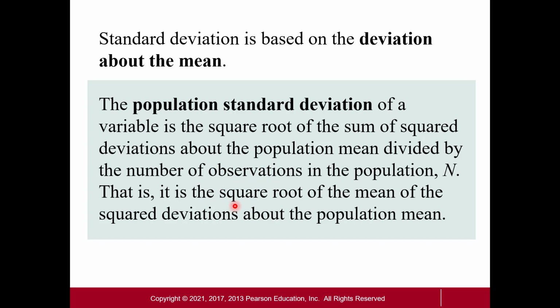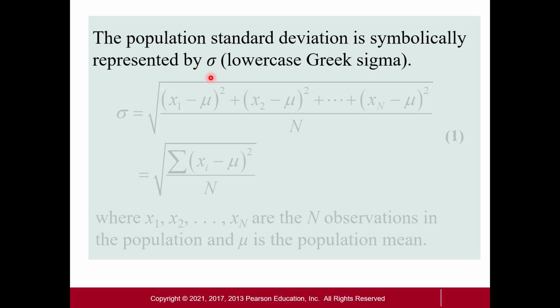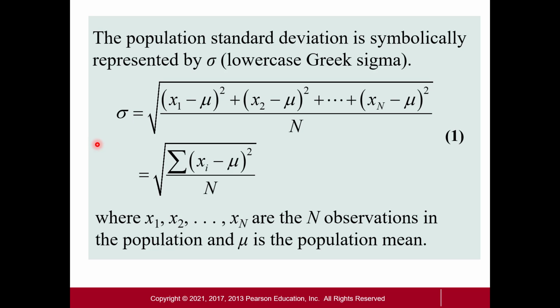Another way to say that is it's the square root of the mean of squared deviations about the population mean. This sounds very mathy, but we'll go through it. The population standard deviation is symbolically represented by this Greek symbol, lowercase sigma, and here's the formula.